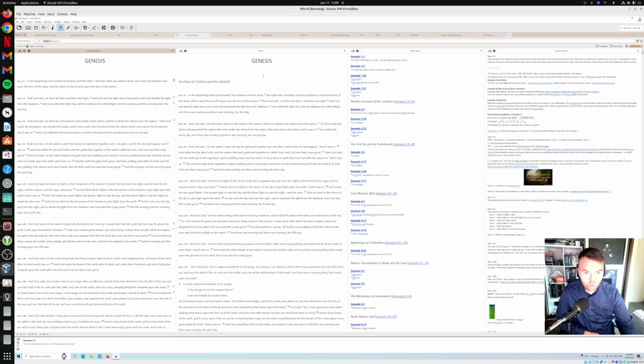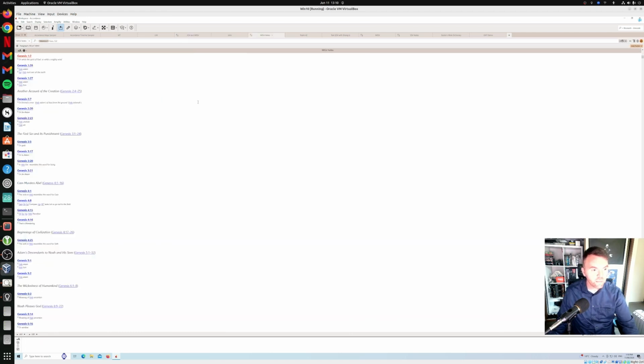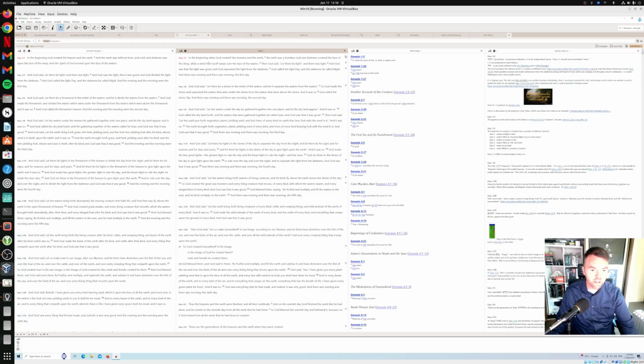"In the beginning, when God created the heavens and the earth, the earth was a formless void, and darkness covered the face of the deep, while a wind from God swept over the face of the waters." So, again, we have a slight difference in phrasing here, and that word, Spirit of God or mighty wind, can be translated in different ways. So I find that very, very interesting.